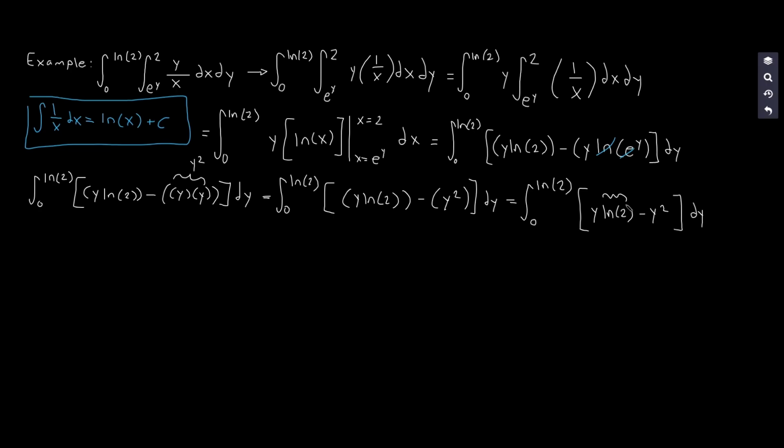For this one, the natural logarithm of 2 is a constant. So it's kind of weird, but it's going to be the integral from 0 to the natural logarithm of 2.